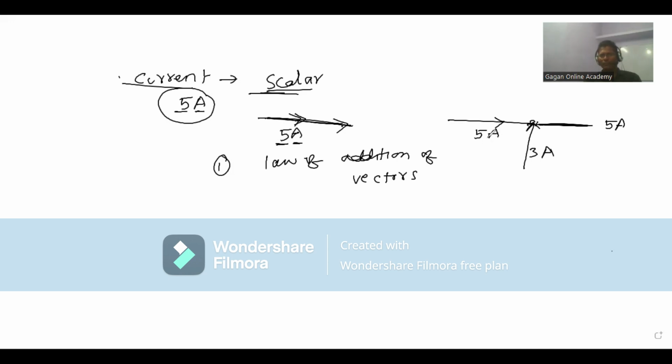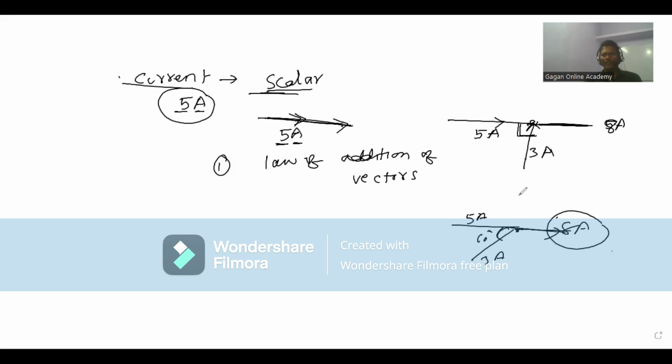So 5A plus 3A. Angle between these two wires is 90 degrees. Now if I change angle to 60 degrees, 5 ampere current, 3 ampere current. These are connected to another wire. So totally we have here 5A plus 3A, that is 8A. 8 amperes of current is flowing through this wire.